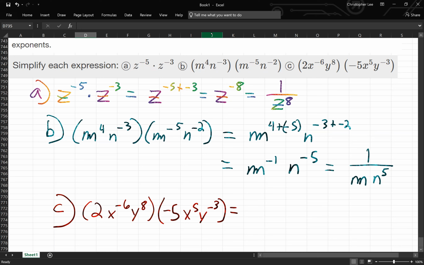So negative 10. So numbers first, and then variables. And then it's going to be x to the what? Negative 1, good. And then y to the 5, good. What's next after that?